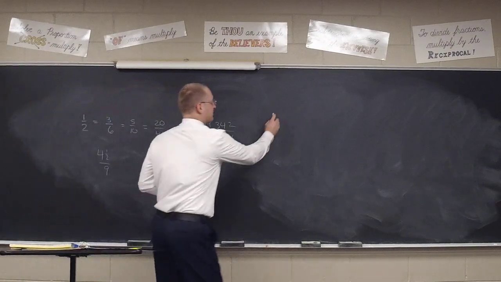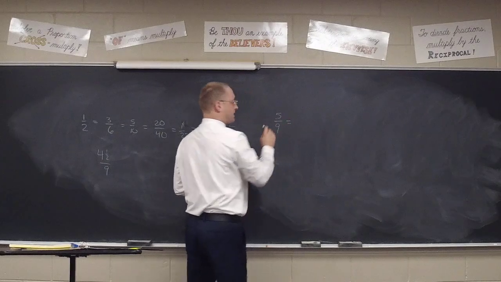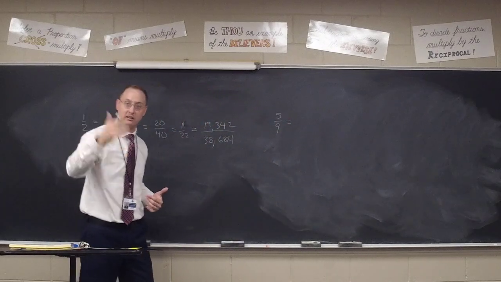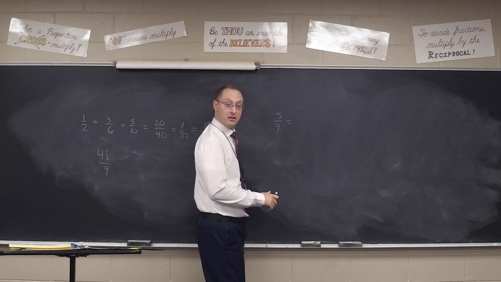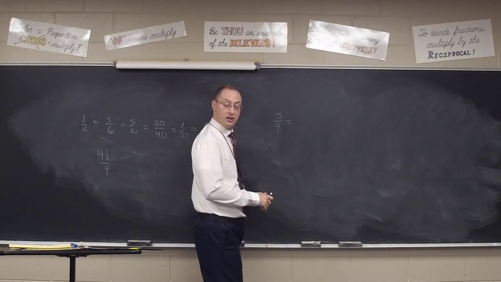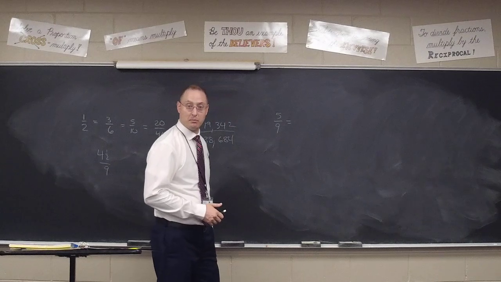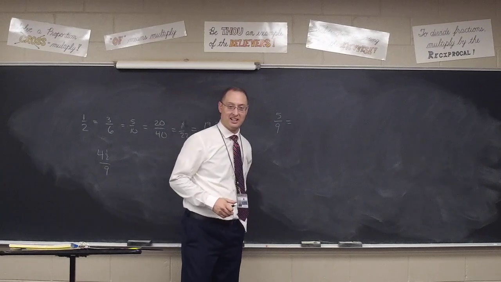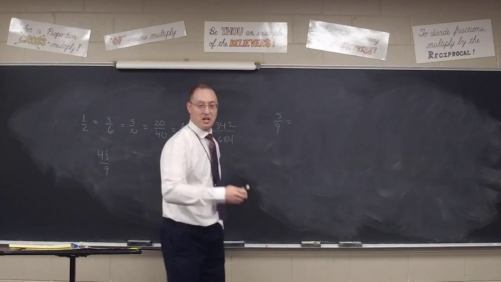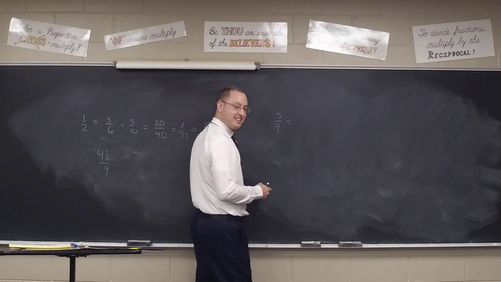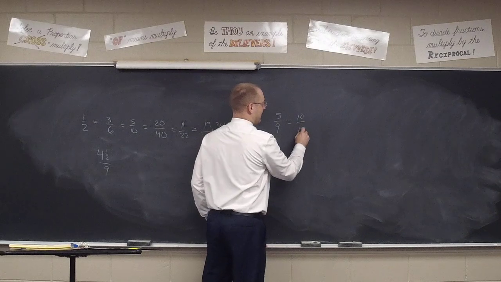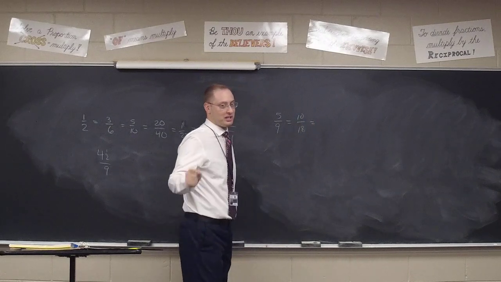What about 5/9? We could make several equivalent fractions with that. Corey, multiply top and bottom by. Pick a small number, Corey. 2. There we go. And what would be an equivalent fraction, Corey, if I multiply top and bottom by 2? 10/18.